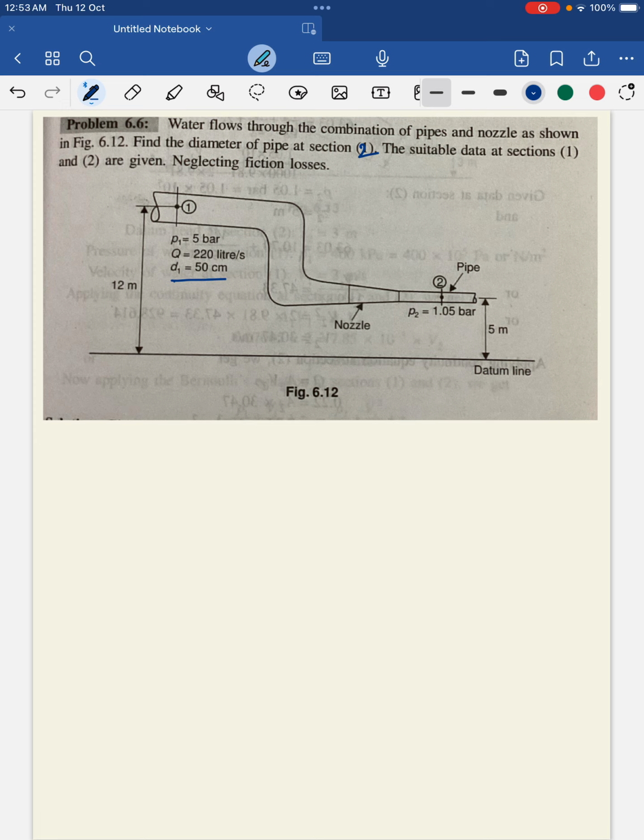neglecting frictional losses. Here this is the pipe, and this is the nozzle.